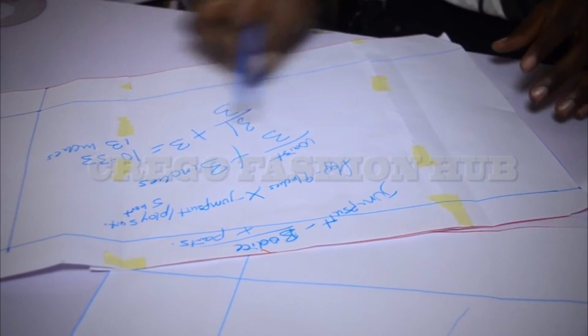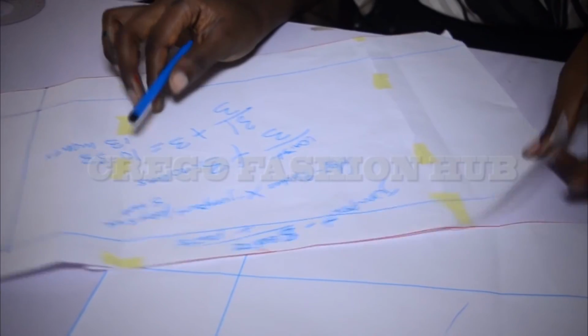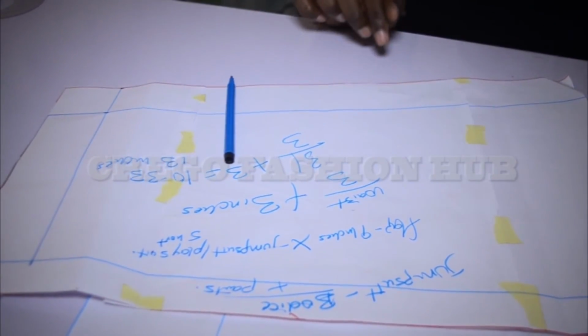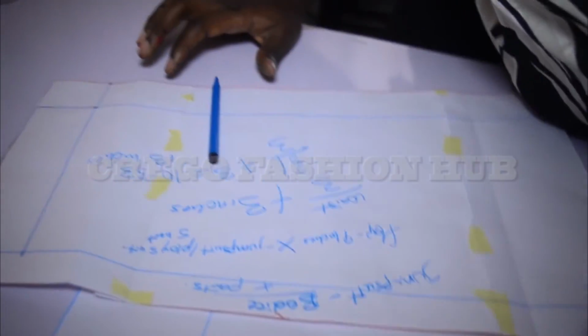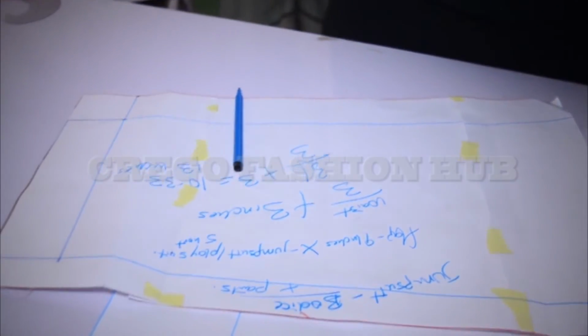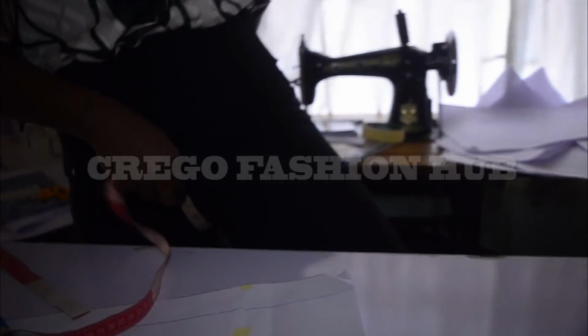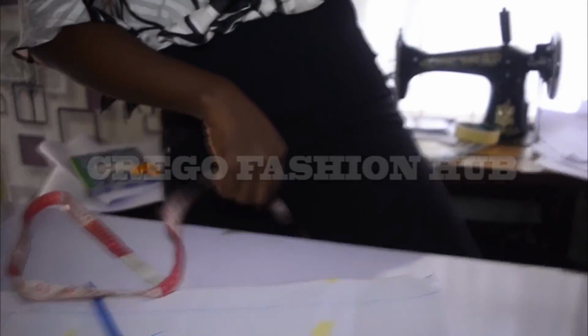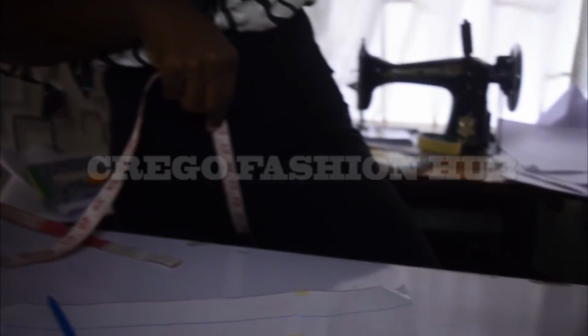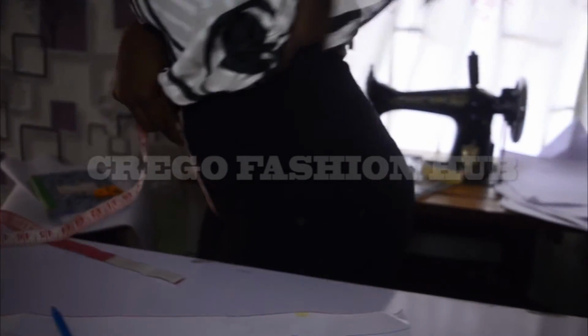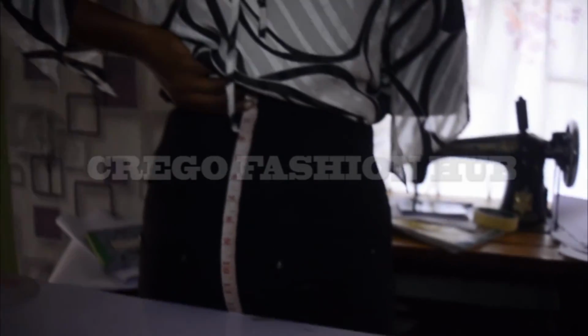And if you are not so sure of this way, you can also have a way of measuring your customer or even yourself. By coming this way, you're going to bring your tape rule in between your legs. You bring your tape rule in between your legs. Then you measure where your waist is stopping at the back here.